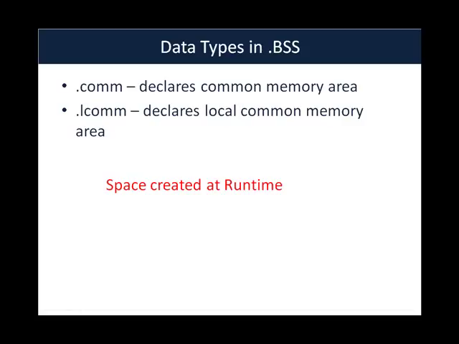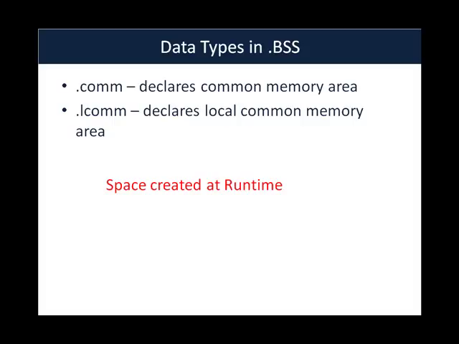So we can define .comm, which is COMM, and this declares a common memory area. There is a variation of that called .lcomm, which declares a local common memory area. I will not get into the exact differences between the two for now, just to keep it simple. However, the important thing to remember is that anything declared in the .bss segment is created at runtime.